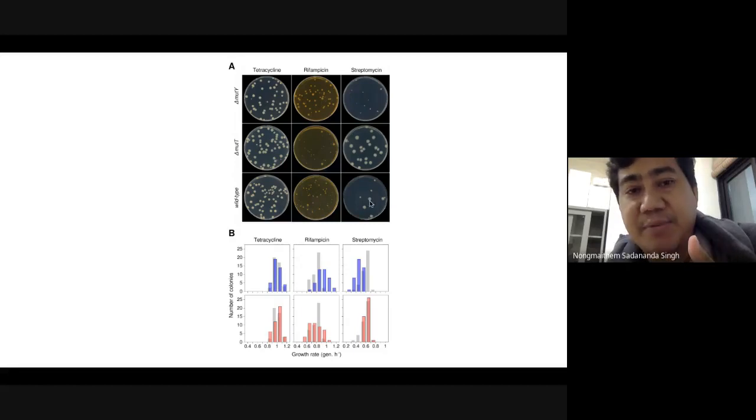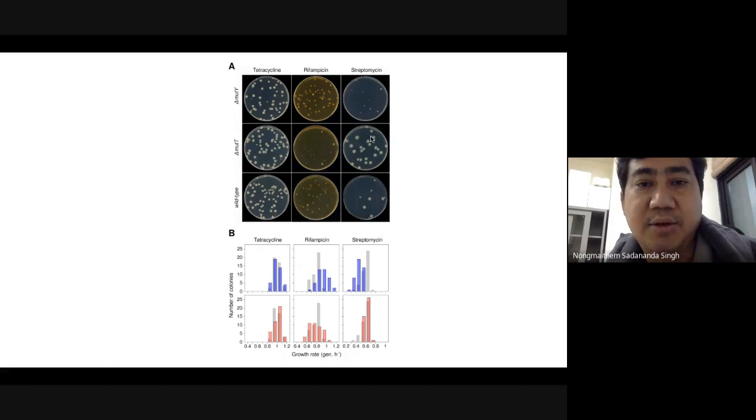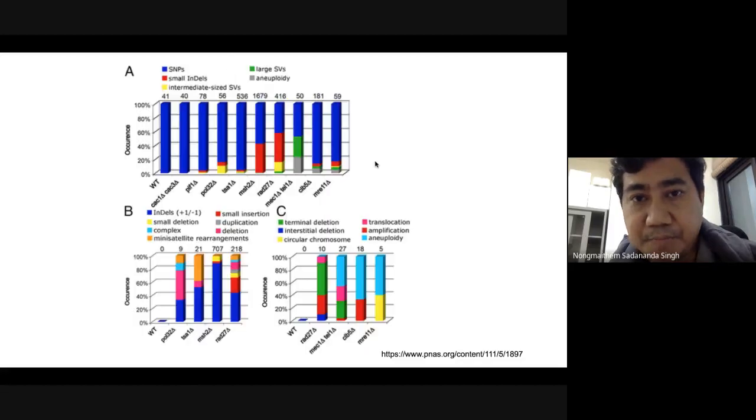In the case of streptomycin, mutT is much more mutagenic as compared to the wild type or the mutY strain. So basically, depending on the stress, it can give rise to different types of mutation, and all these strains can be considered as mutator strains under certain conditions.